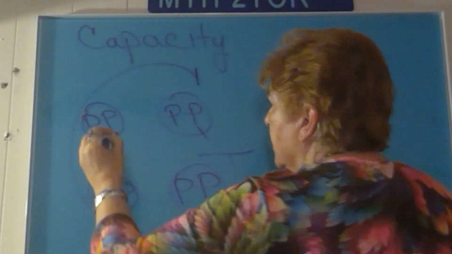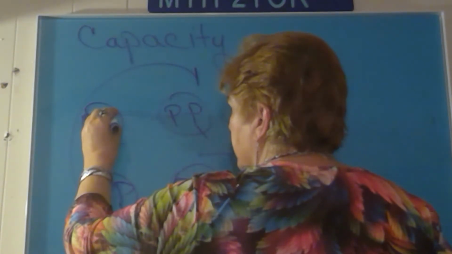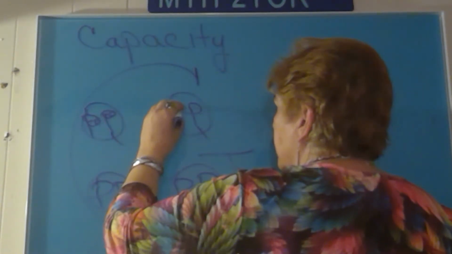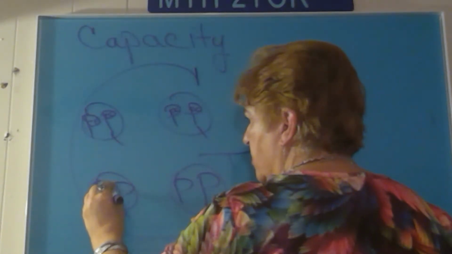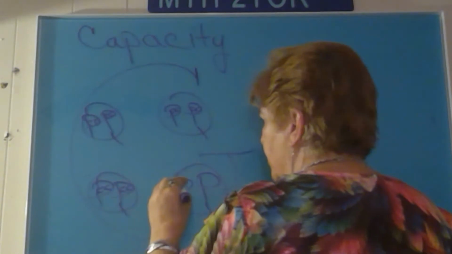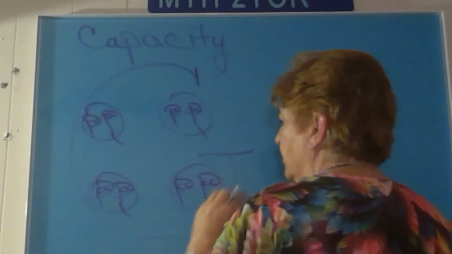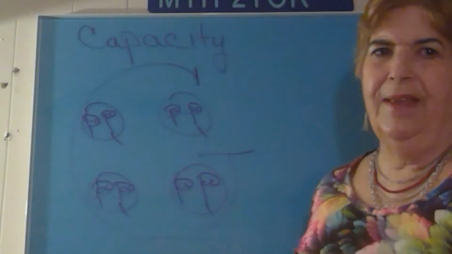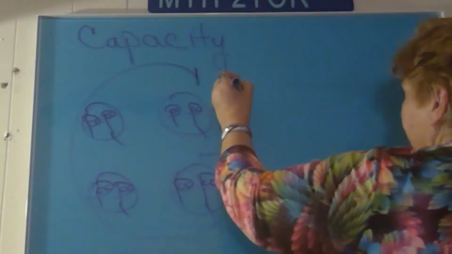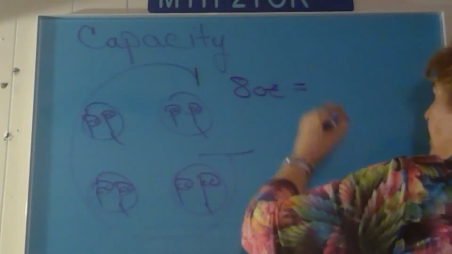Each pint has 2 cups. And it's kind of difficult to get those little C's inside there. That's why you have to start with a big G. Now, what I'm not going to try to get in there is the fact that there are 8 ounces in 1 cup.